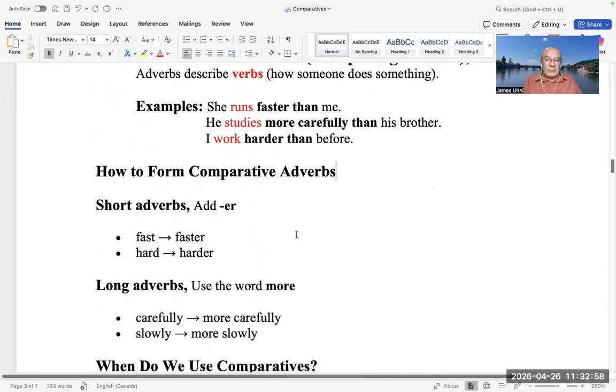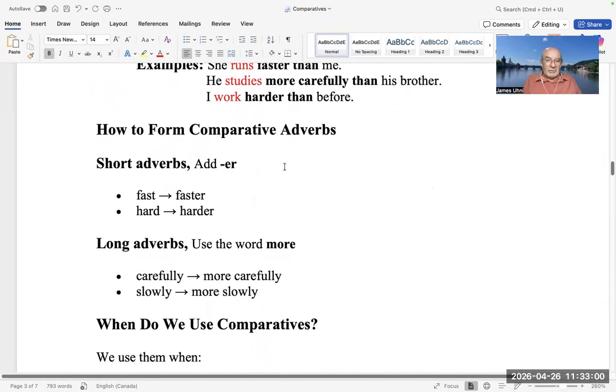So how do we form comparative adverbs? Short adverbs, again, add er. Fast, faster. Hard, harder.